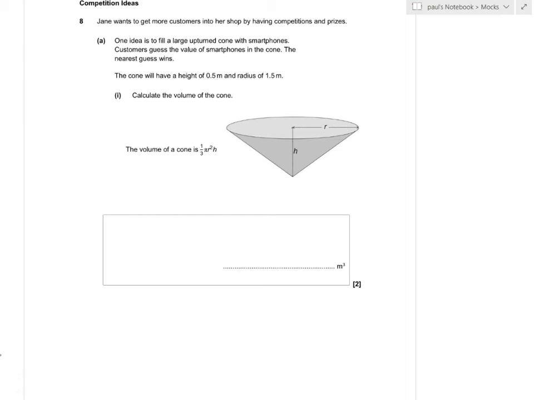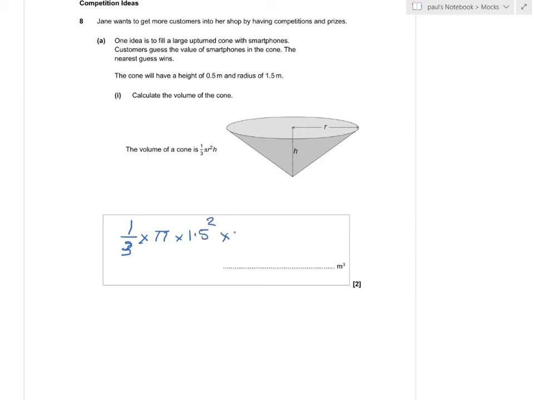Calculate the volume. Right, so here's the volume of a cone. One third times pi times the radius squared times the height.